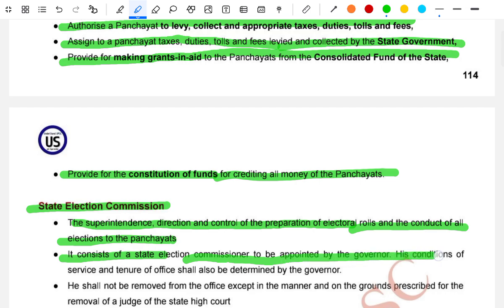His conditions of service and tenure of office shall also be determined by the governor, and he shall not be removed from office except in the manner and on the grounds prescribed for the removal of the judges of the state high court.